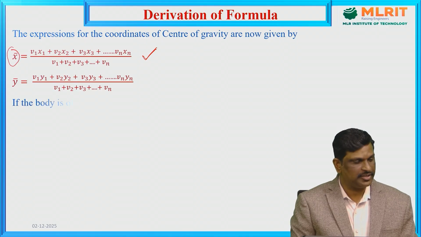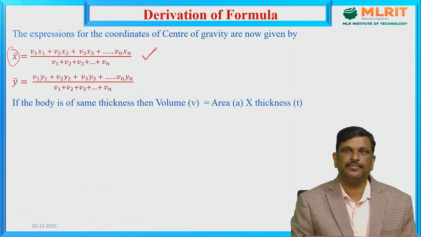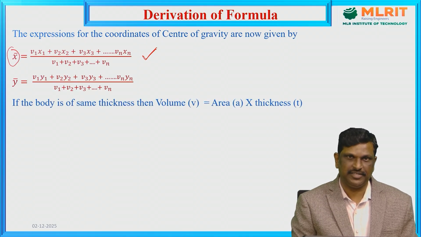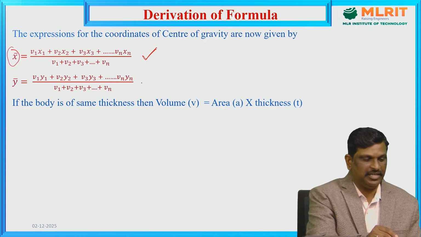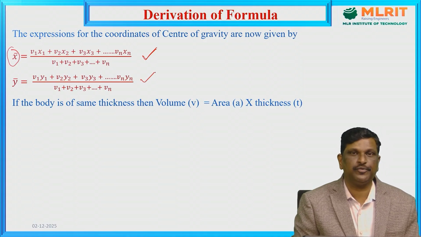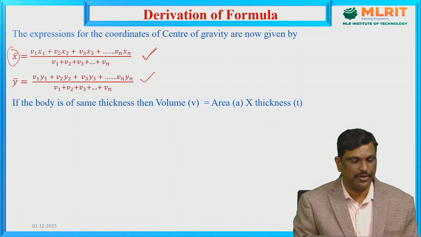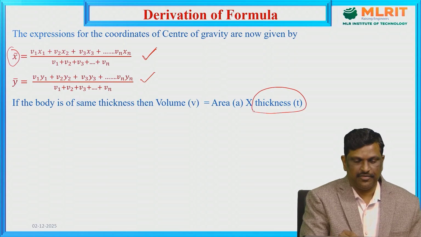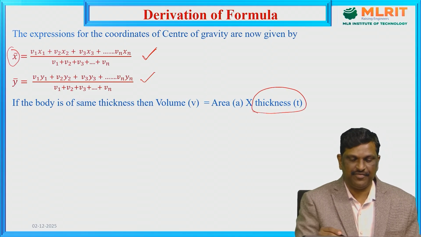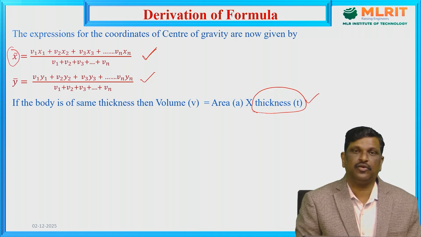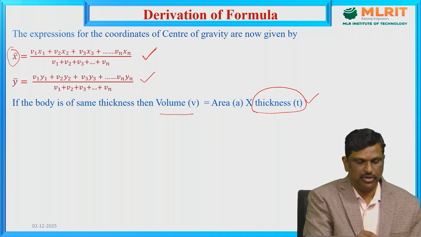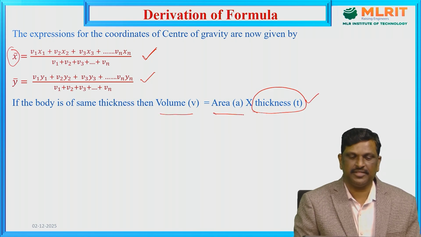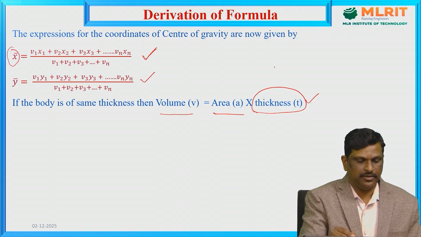Now let us use this equation to find the center of gravity, centroid. From the equation of center of gravity, now we are going to find the equation for centroid. For a body having unit thickness, the volume is thickness into area. If the thickness is unity, the volume is equal to area into 1.